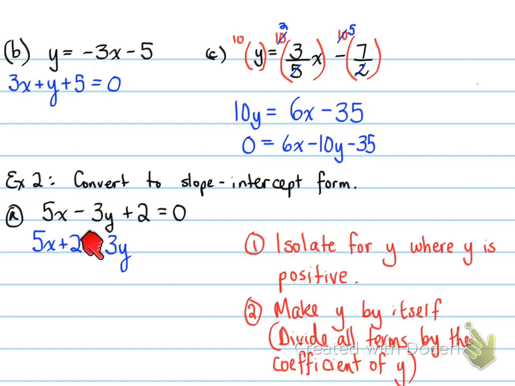So each term gets divided by 3. So we get 5x over 3 plus 2 over 3, 3y over 3. Well, that gives me y equals 5/3 x plus 2/3. And that, folks, is the answer to this first problem. Moving on.